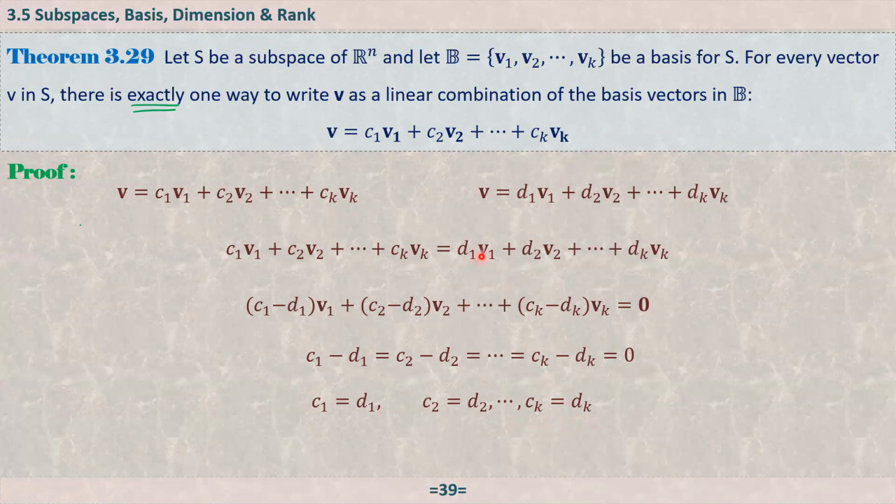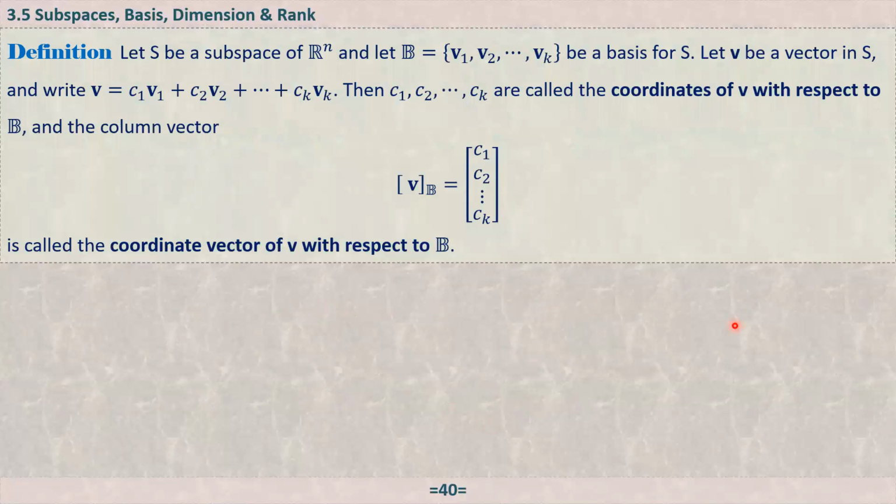which is called coordinates. Let S be a subspace of Rn, and let B, which contains the vectors v1, v2, vk, be a basis for S. Let v be a vector in S and write v as a linear combination c1 v1 plus c2 v2 plus dots plus ck vk.